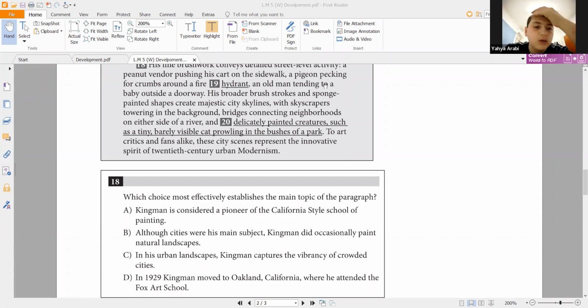Which ones? A, B, C, and D. Can't you see them? Yes, I was just zoomed in.